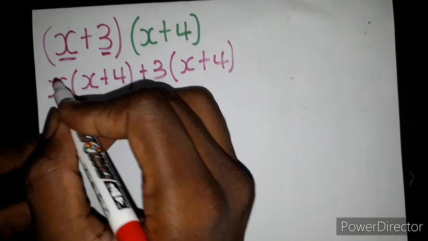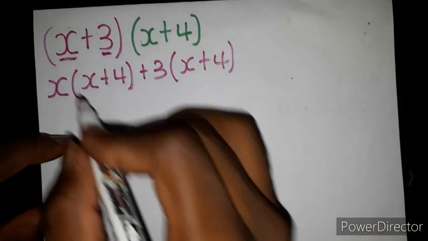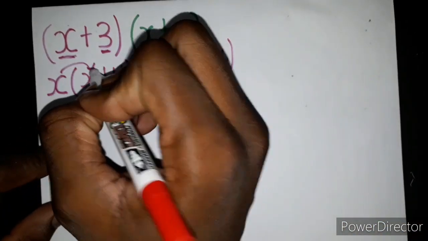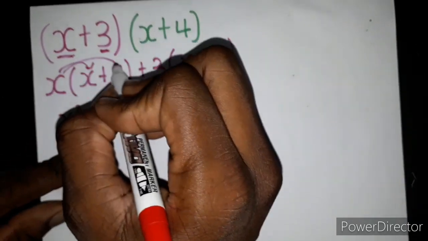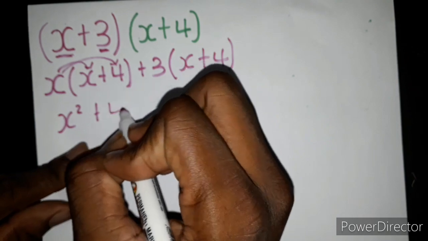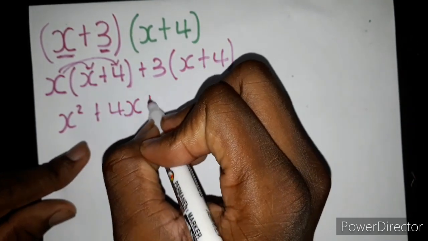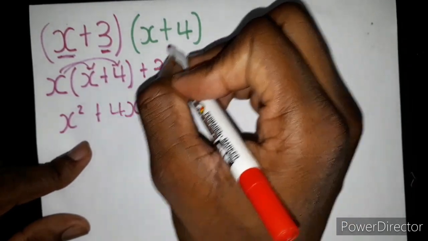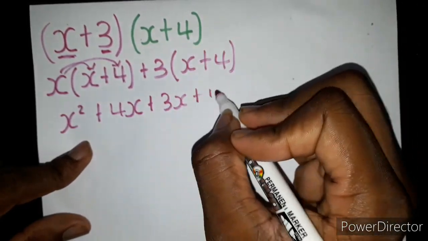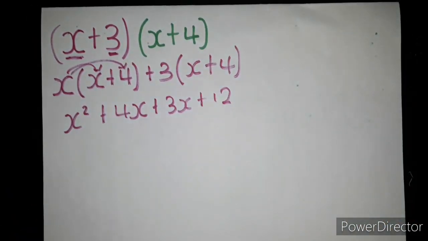I think everybody should get the hang of it by now. x times x will give you x squared, plus x times 4 will give you 4x, plus 3 times x will give you 3x, and 3 times 4 will give you 12. Now we're not finished as yet.